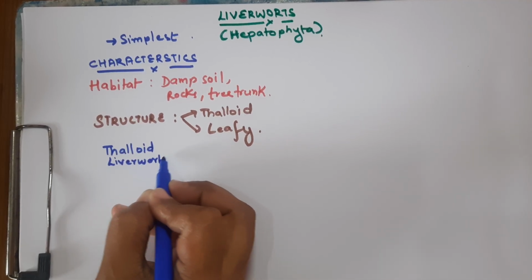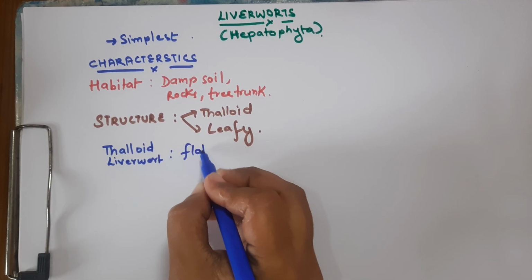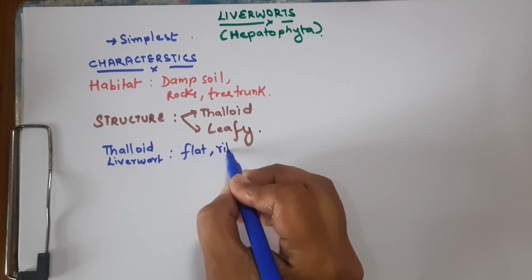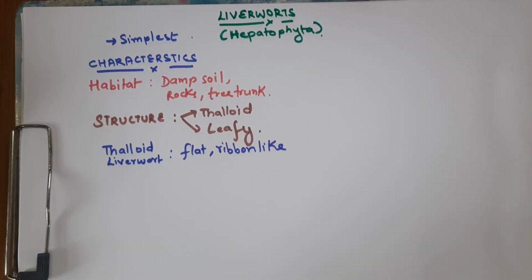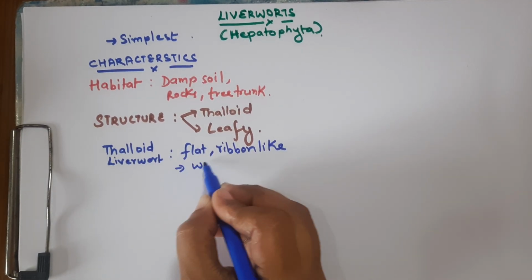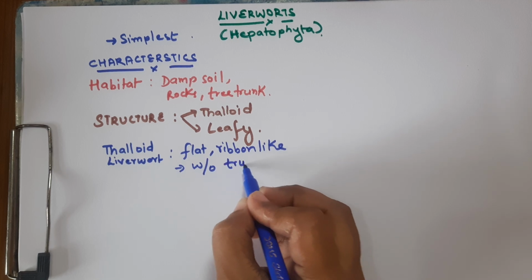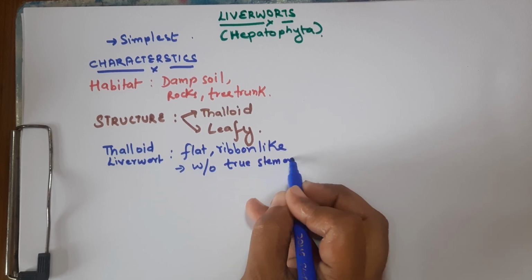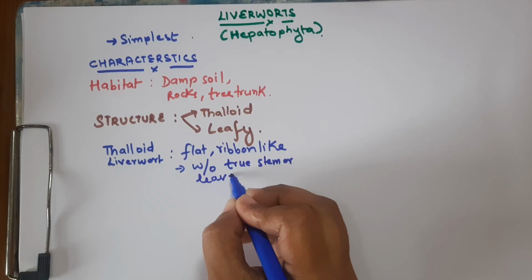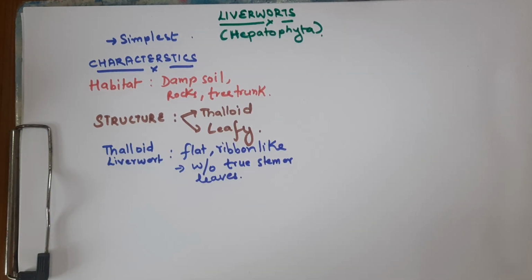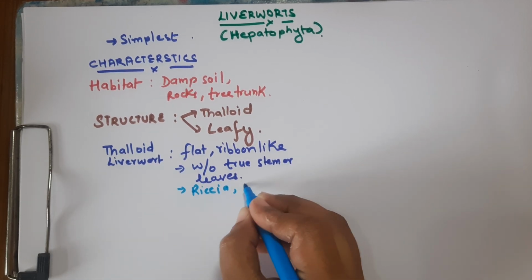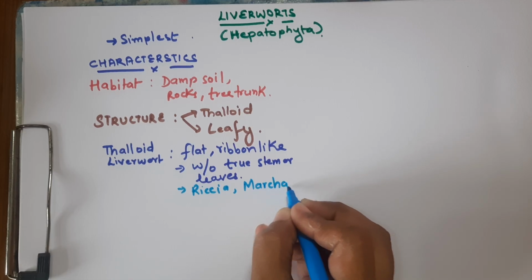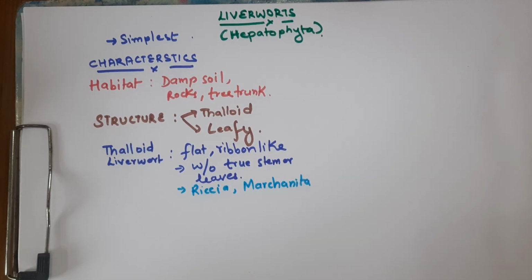The thalloid liverwort, students, is flat and ribbon-like in structure, and they are without true stem or leaves. As examples, we have Riccia and Marchantia. Both Riccia and Marchantia are thalloid liverworts.